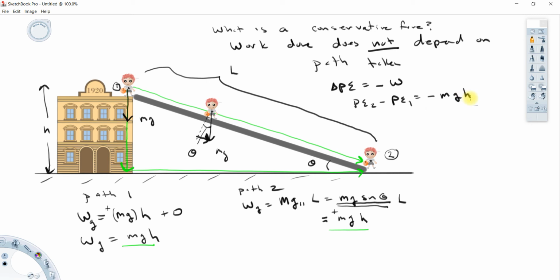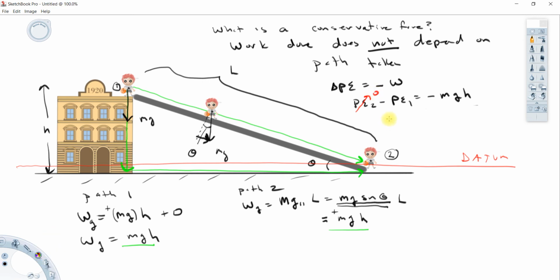Now, potential energies are terms that are arbitrary in that you can measure them for wherever you want. Where you decide to call your potential energy 0 is called your datum. In this problem, if I just did this and we put a datum right there, what that would do in my math here is force the potential energy 2 to be 0.